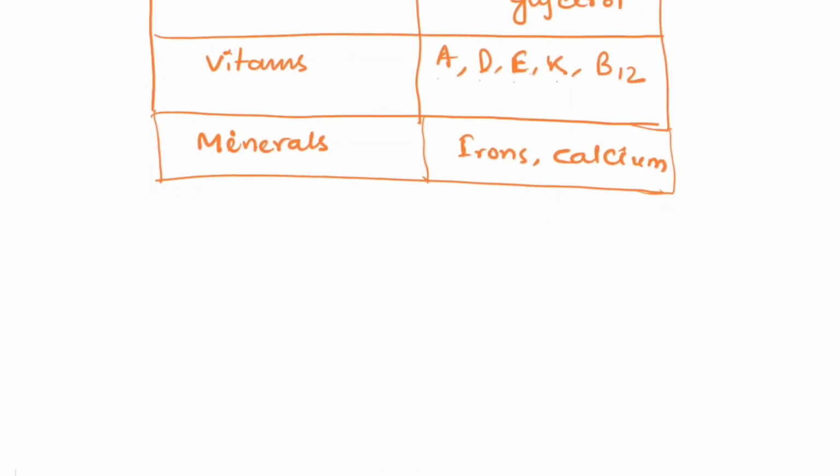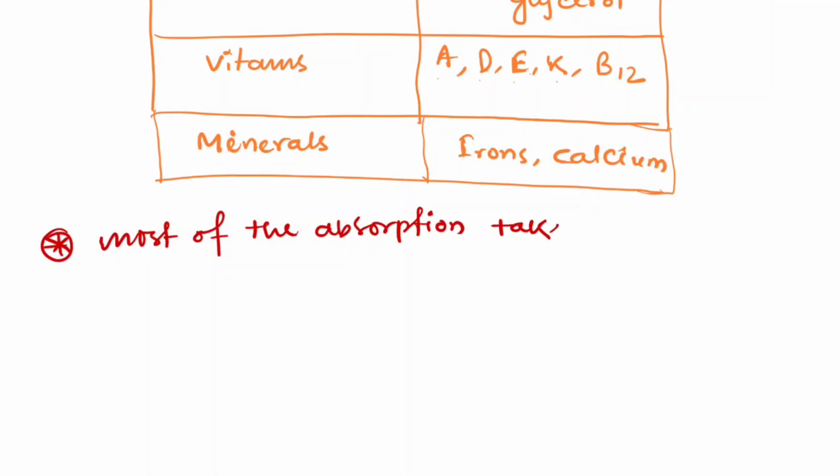Next, here you can write one star point. Most of the absorption takes place in jejunum.